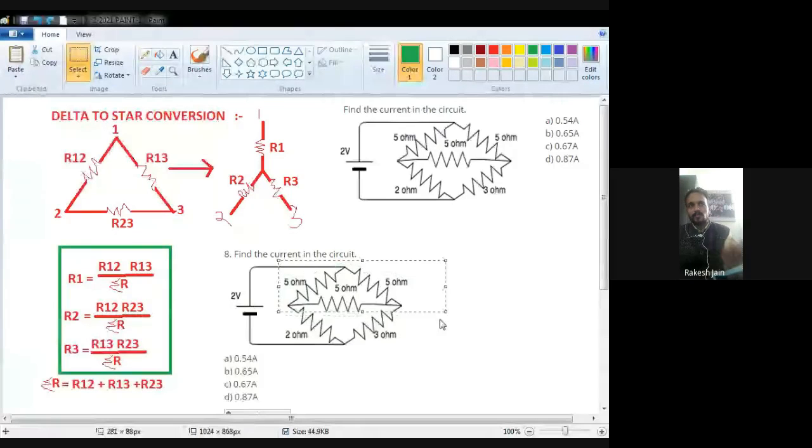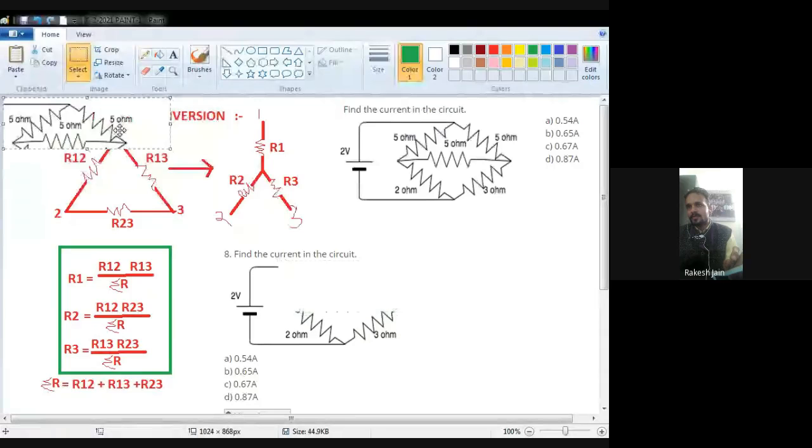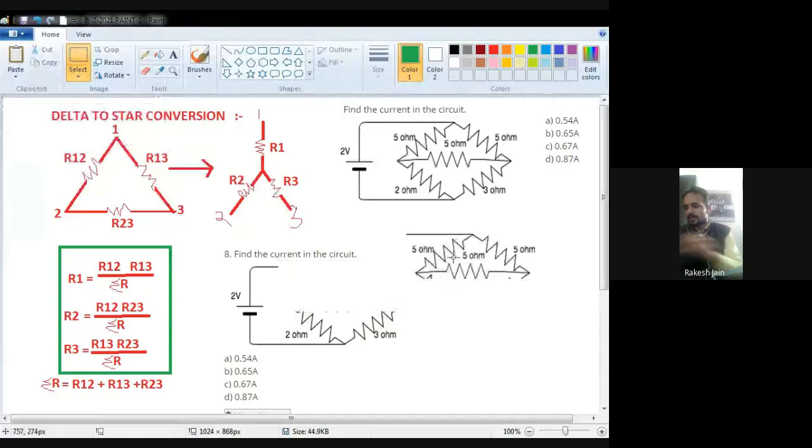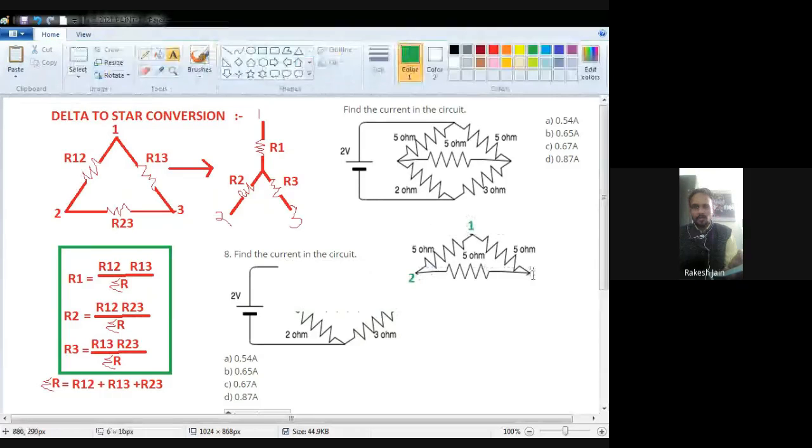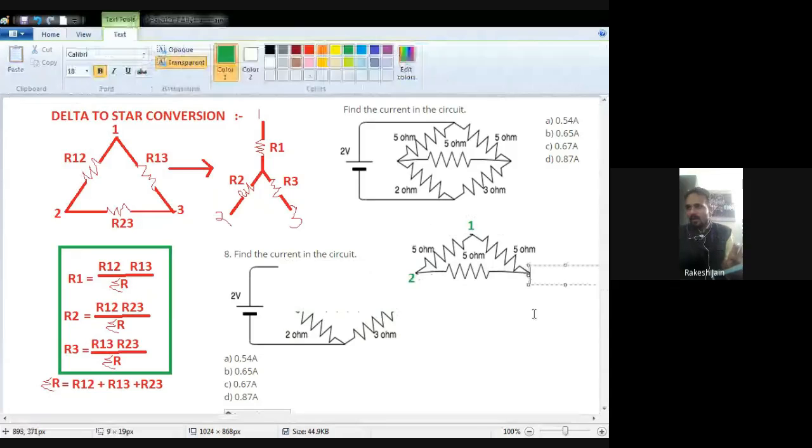Now I want to convert this network into a star network.